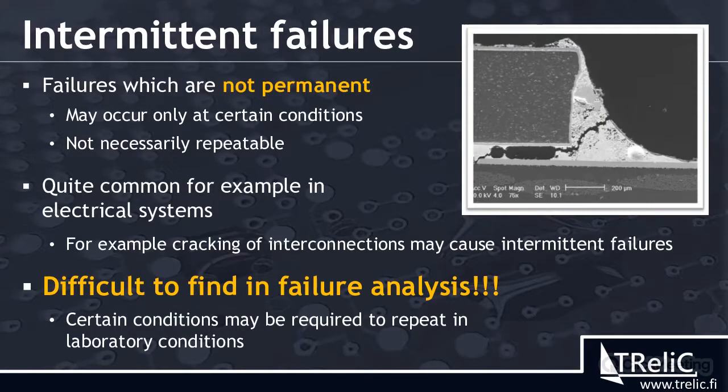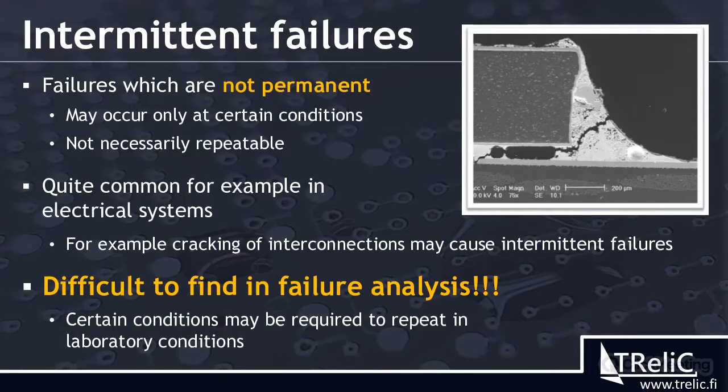It might not be repeatable, but quite often it is. But it means that we need to know the reason why this happens. One example is cracks in interconnections, which quite often cause a situation where in some certain conditions, the product works okay, but in some other it does not.